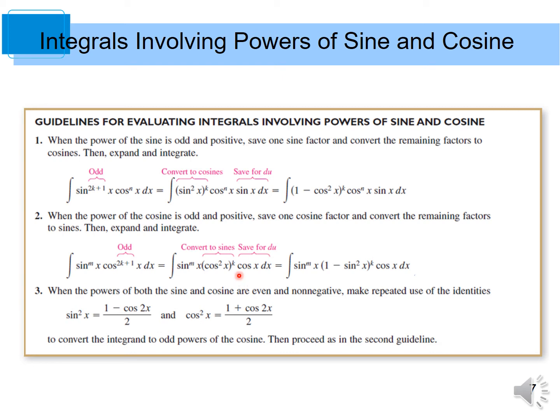So we convert cos square x to 1 minus sine square x using the Pythagorean identity. When the powers of both sine and cosine are even and non-negative, make repeated use of the half angle identities to convert the integrand to odd powers of the cosine. Then proceed as in the second guideline.